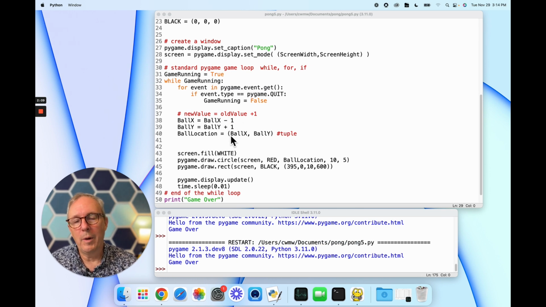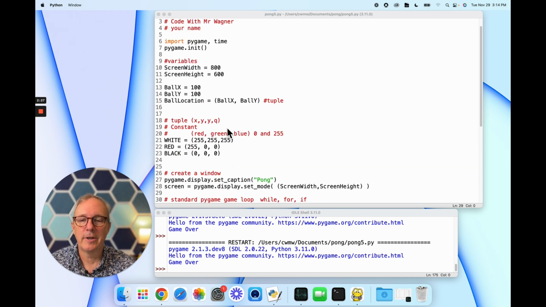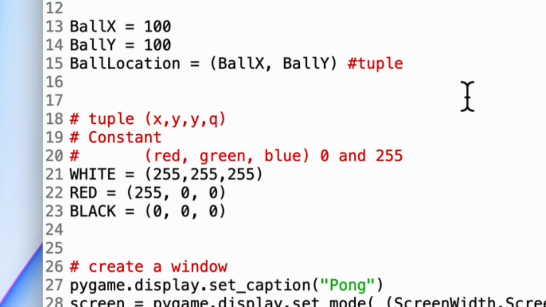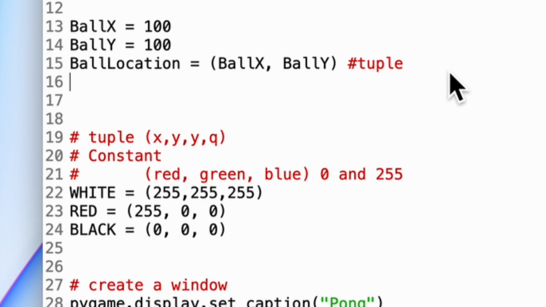Okay, now what we're going to do here is leverage the fact that if I change it from a plus to a minus, I can make it go the opposite direction. And in order to do that, we need to introduce a couple new variables. The two variables that we are going to introduce are right here. We're going to put these at line 16 and 17.